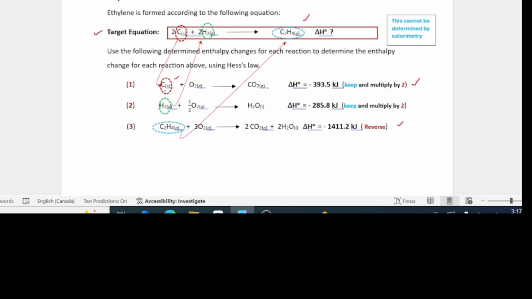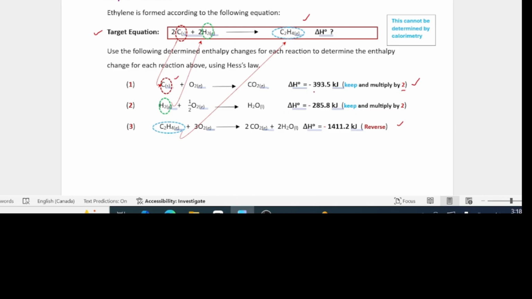So the strategy is this. We will retain this equation as it is because we want carbon to be on the left side as it is in the target equation. But we need to multiply every species in this equation that's provided here by 2, such that in the end we'll have 2 carbon in front here.